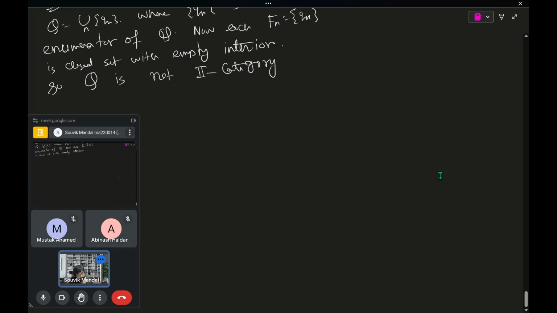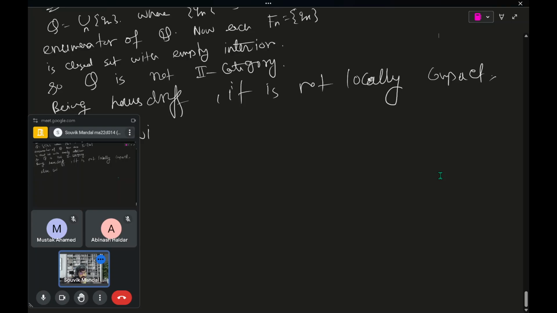Now being Hausdorff, it is not locally compact, else it will contradict the theorem.